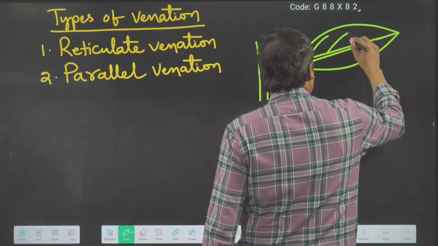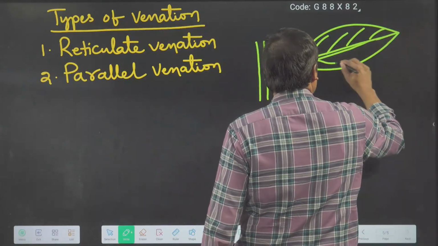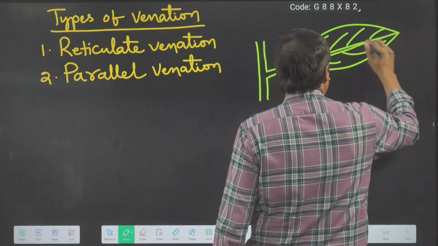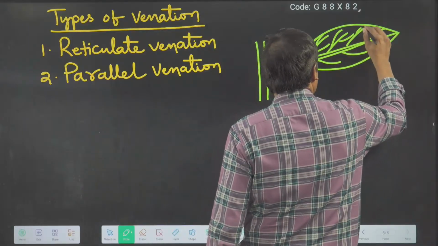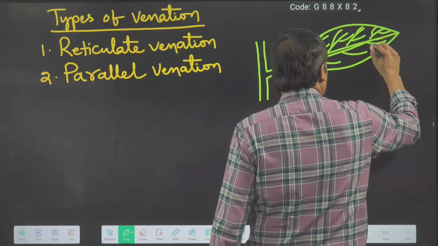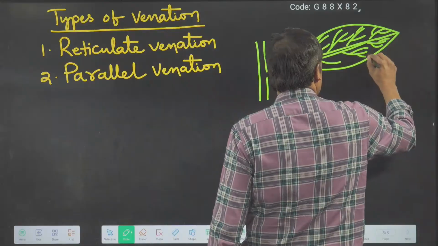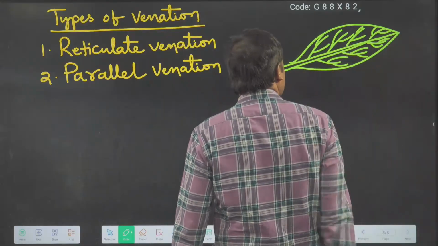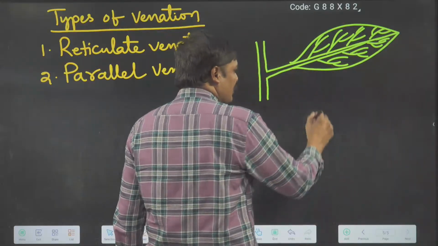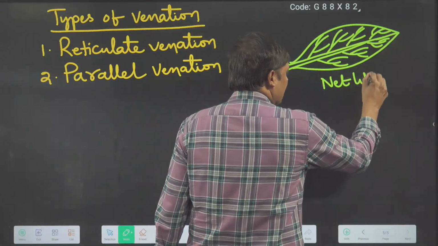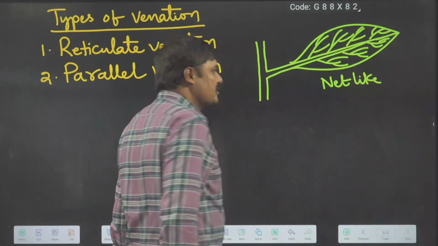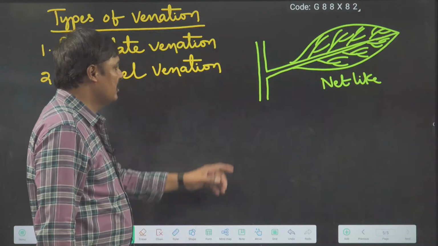If veinlets are arranged in the form of network, it is called reticulate venation. Reticulate means net-like. Net-like arrangement is called reticulate venation.